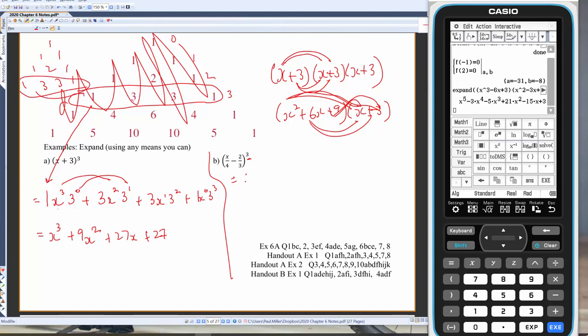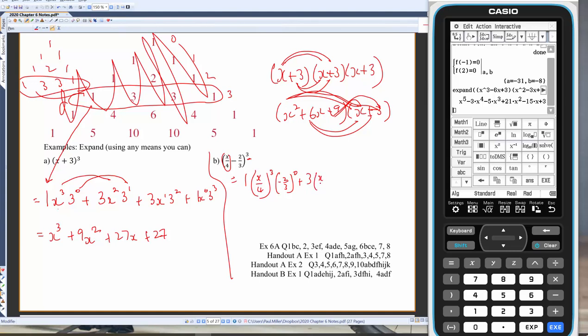So now I'm going to write down 1. Now this one here, it's going to be x on 4 to the 3. So I start with that being raised to the 3, and then it's going to be negative 2/3 to the 0. So this one always starts at 0, this one always starts at 3. Then I'm going to go 3, which is the next coefficient according to Pascal's triangle.